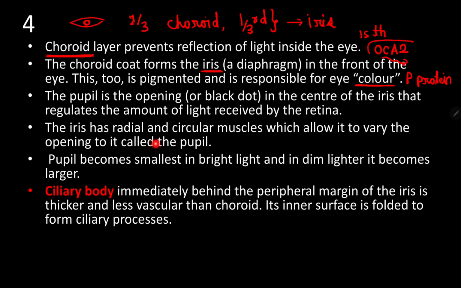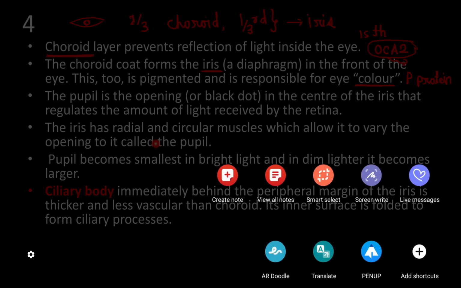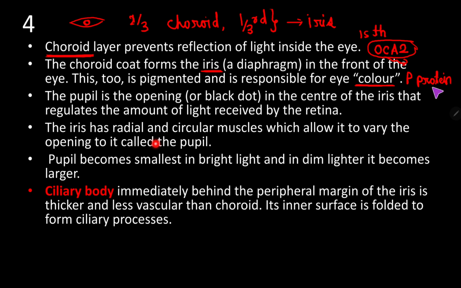The OCA2 gene is present on the 15th chromosome, and it forms P protein, and this P protein is involved in melanosome maturation, and the amount and quality of the melanin stored there is also decided by them. So this gene has a crucial role in deciding the color of the eye.